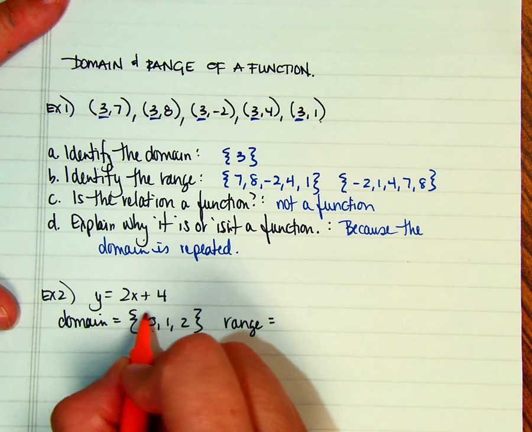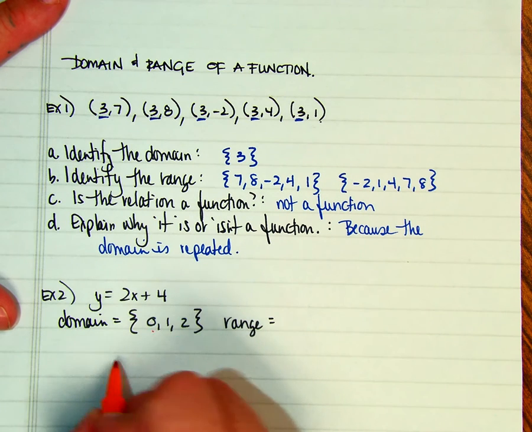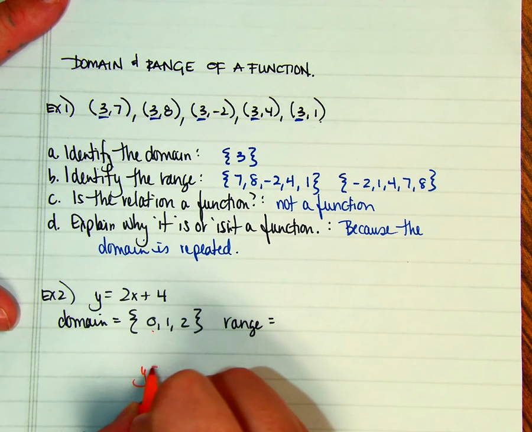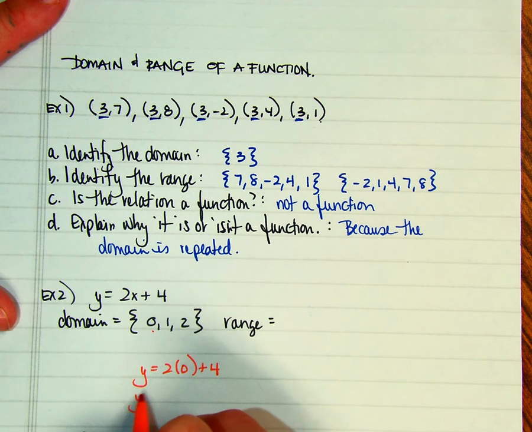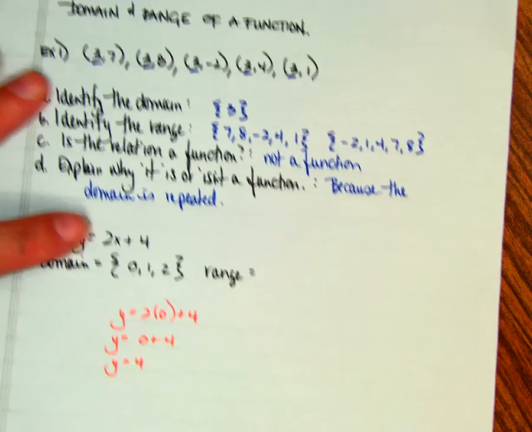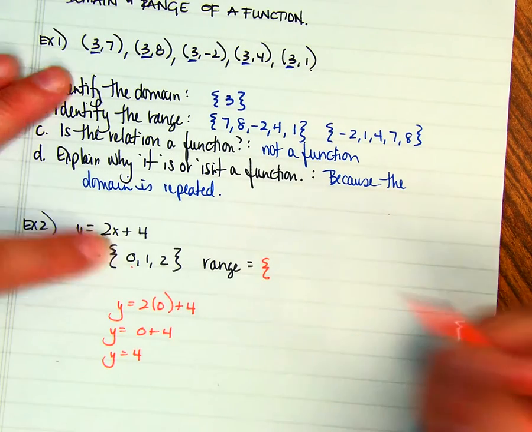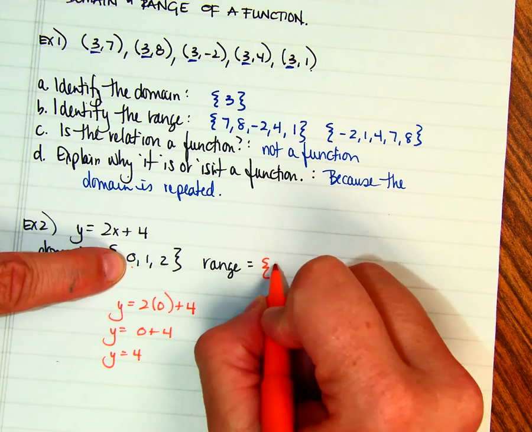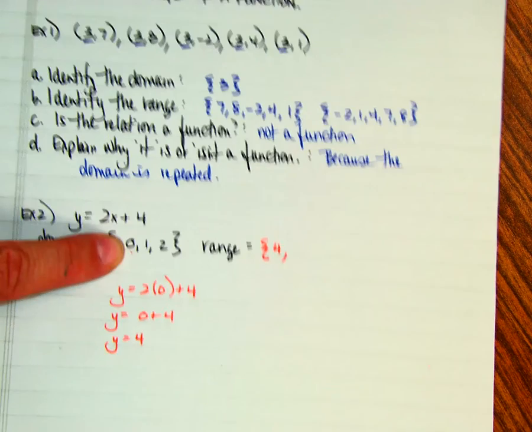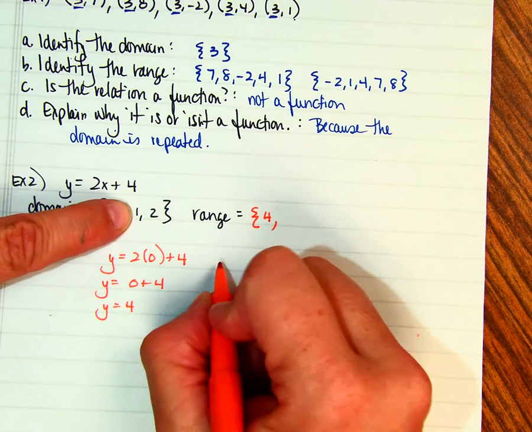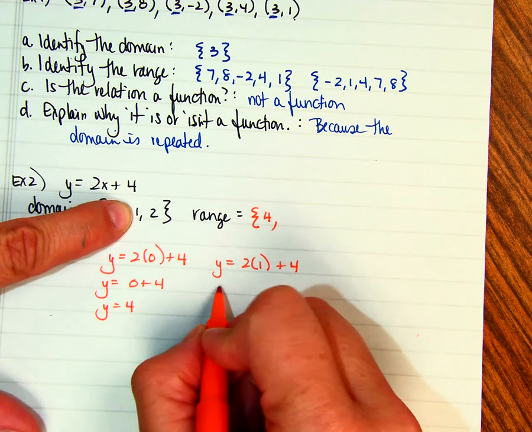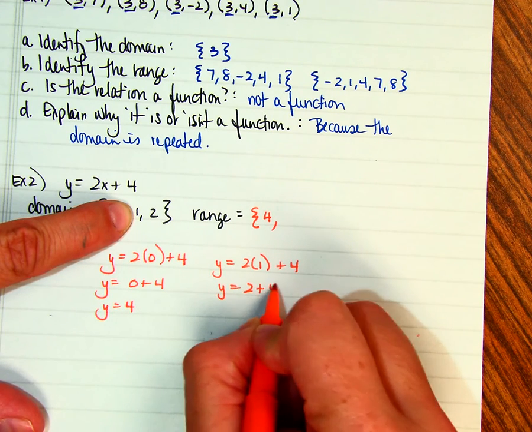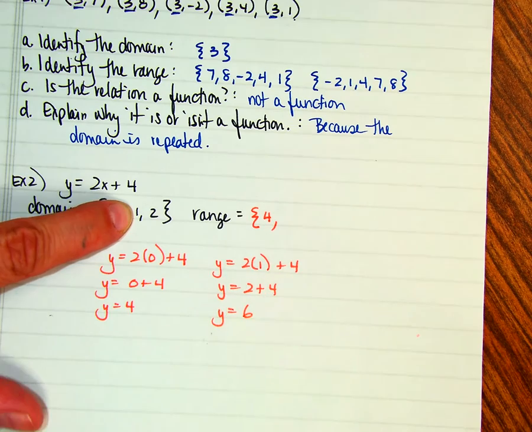So if I know that these are my x's, so x is 0, I get y equals 0 plus 4, so y equals 4. So when x is 0, y is 4. When x is 1, y equals 2 plus 4, so y equals 6.